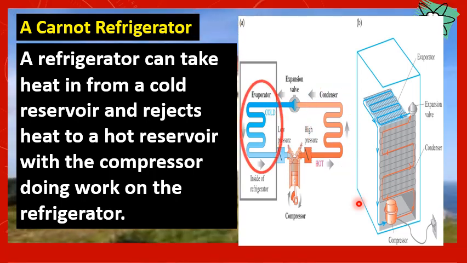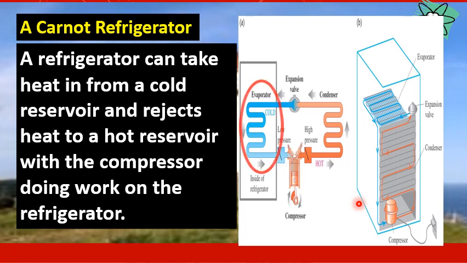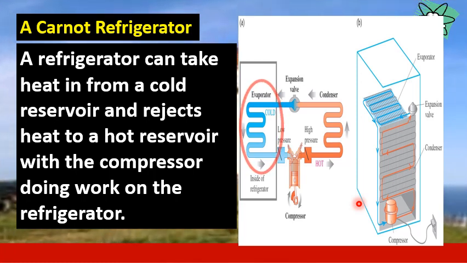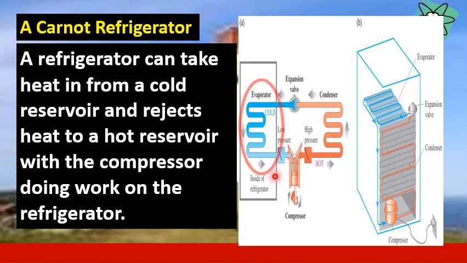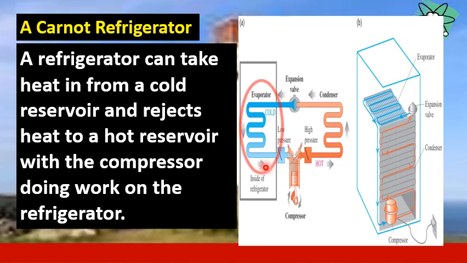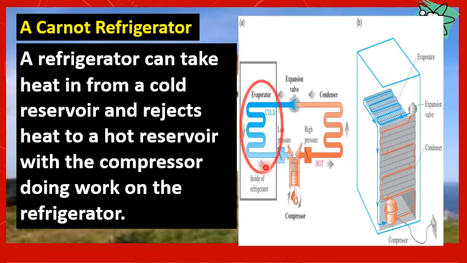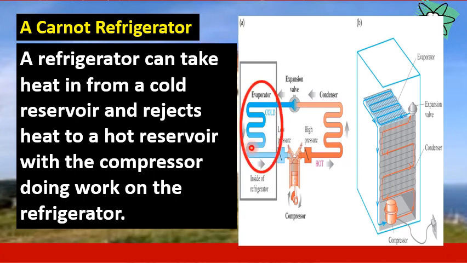The liquid refrigerant goes to the evaporator. This is inside the refrigerator. And then the gas evaporates due to its low pressure, and heat is absorbed from the contents of the refrigerator.